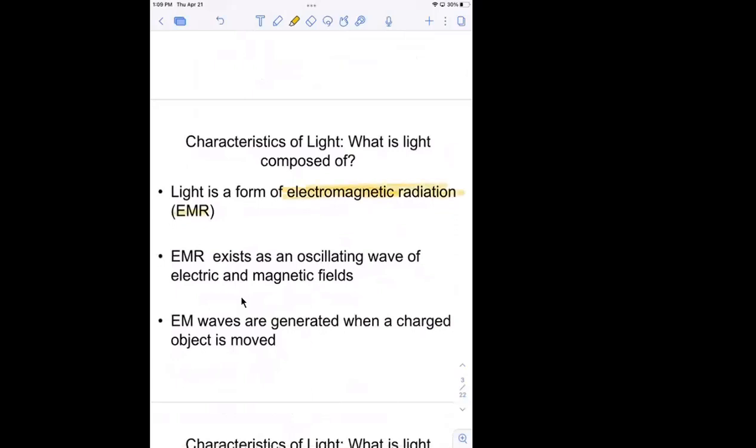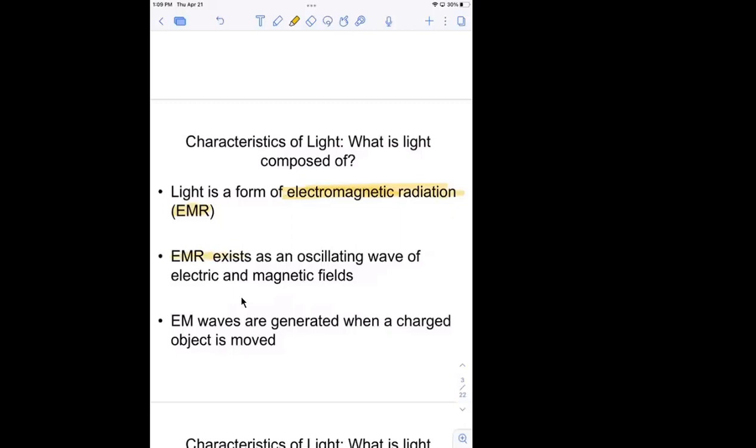So that's why you'll hear the EMR spectrum, the electromagnetic radiation spectrum. That's all the different types of light that exist in the universe, visible and invisible. This is again thinking about something we talked about a while back, macro versus micro. These are microscopic properties that you cannot see, right?